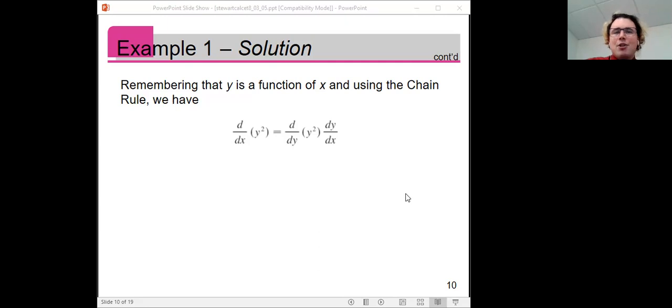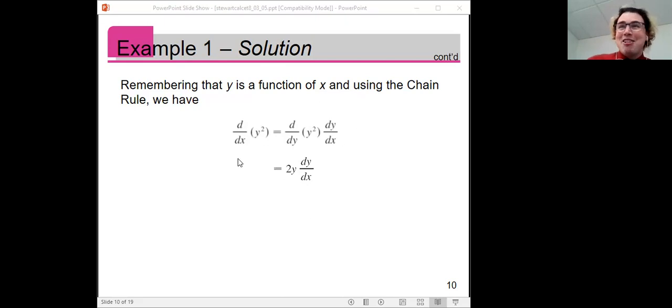If I want to calculate the derivative, d on dx of y squared, that's going to be the derivative of my outside function, which is the squaring function, times the derivative dy on dx.